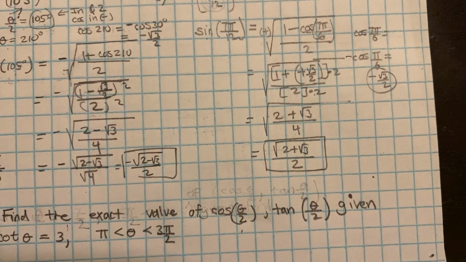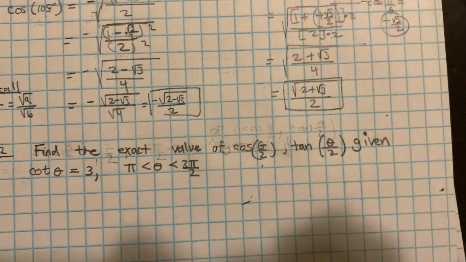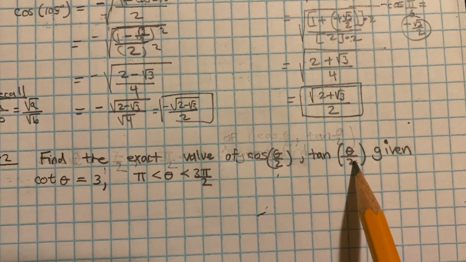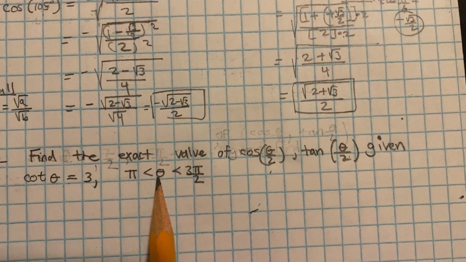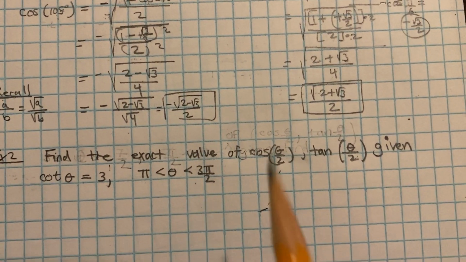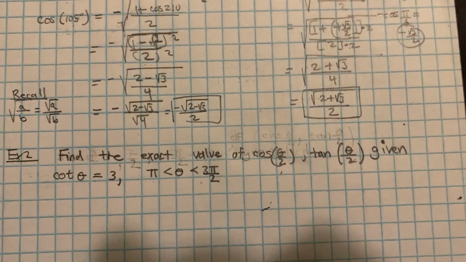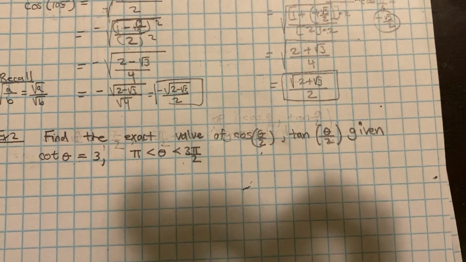Let's move on to the next problem here. Okay, so it says find the exact value of cosine theta over 2, tangent theta over 2, given that cotan of theta is 3 and theta is between pi and 3 pi over 2. So this is another one of those quadrant problems, and you will see that the actual sketch of the triangle is not super bad.